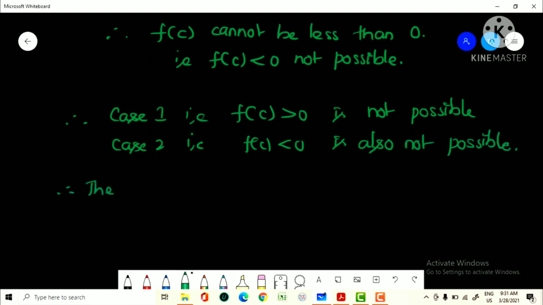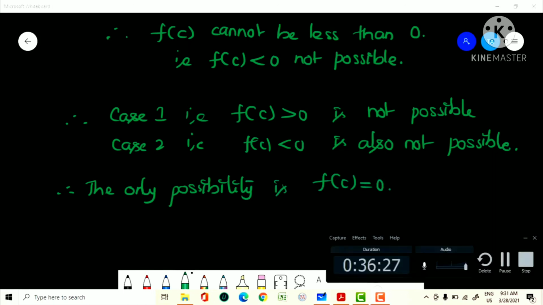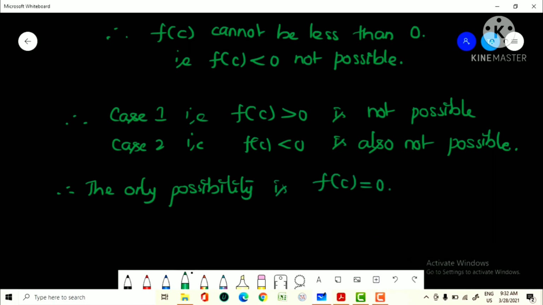Therefore, the only possibility is f of C is equal to 0. Hence the theorem.